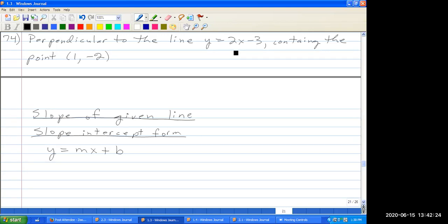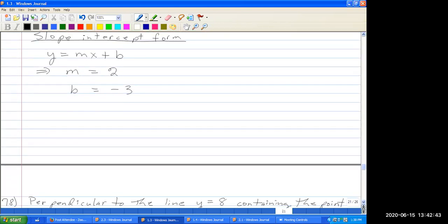Well, it's already solved for y. So in this case, the slope is 2. The y-intercept is -3, but who cares? I'm only going to be using the slope. So now I want to find the slope of a line perpendicular to the given line.